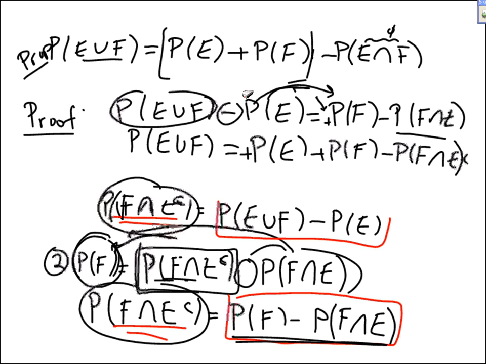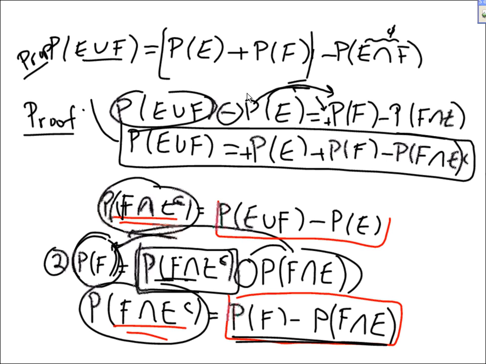But nonetheless, this last statement is exactly what we wanted to show. P of E union F is P of E plus P of F minus P of their intersection. You have to take away the intersection.